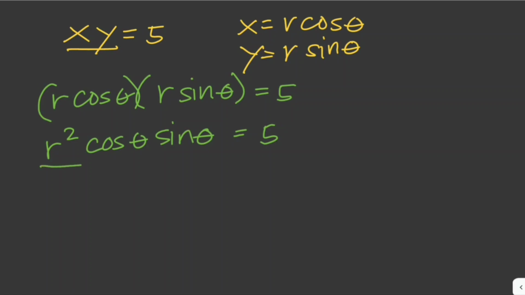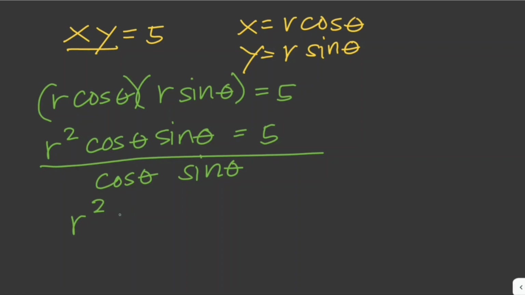And then we can divide both sides by cosine theta sine theta. Then we get r squared equals 5 over cosine theta sine theta.